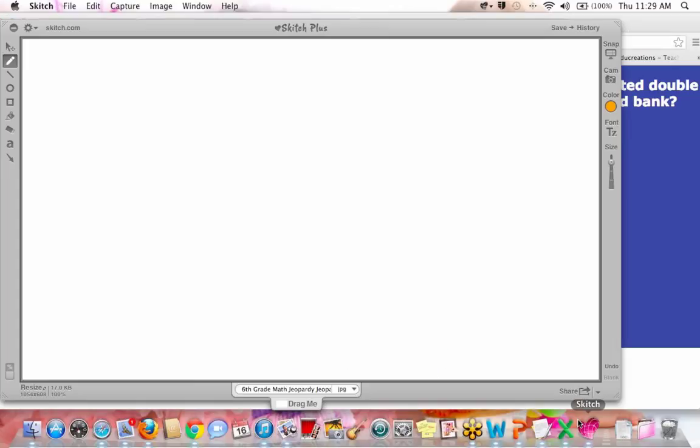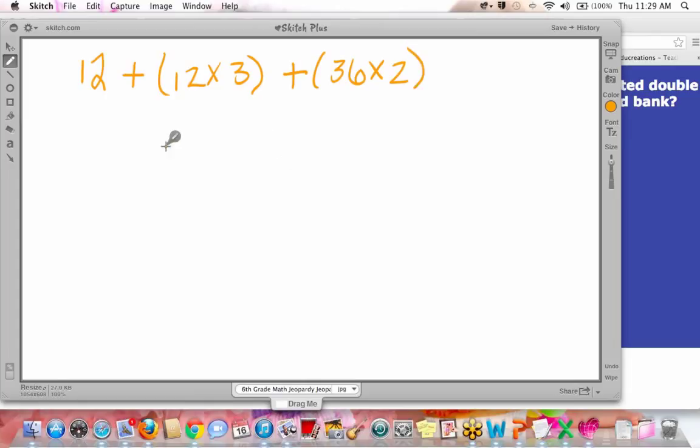So we had 12, and then we had plus 12 times 3 because she tripled it, plus, and I just know that that's 36, and then she doubled it. So when I add all of these up, I have 12 plus 36 plus, what's 36 times 2? Then add all three of those numbers up.